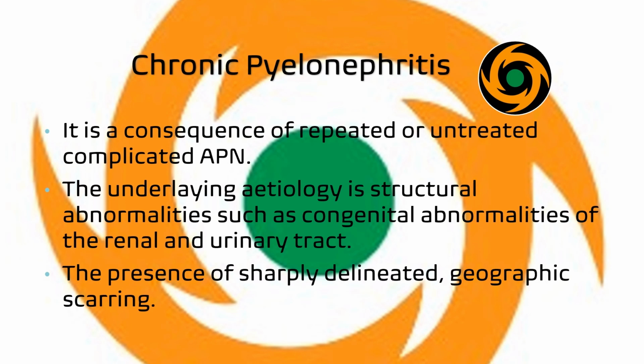There is chronic pyelonephritis as well, and it's a consequence of repeated or untreated complicated acute pyelonephritis. The underlying etiology is mainly structural, unfortunately, such as congenital abnormalities of the renal and urinary tract.